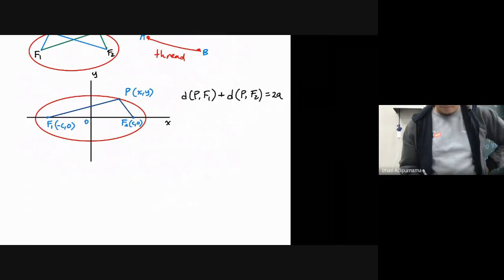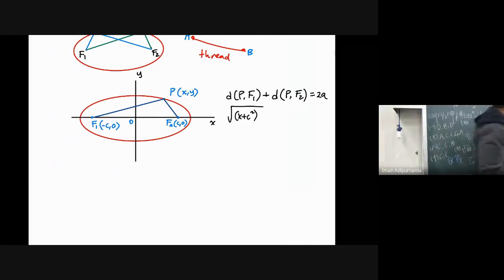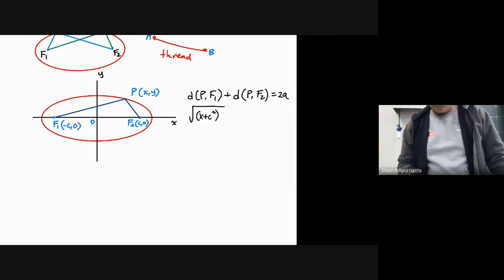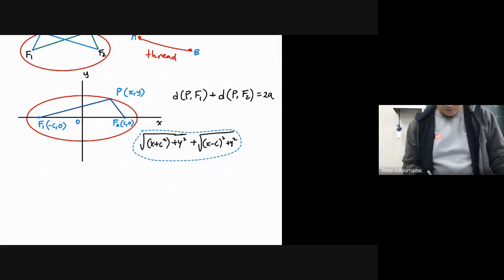And based on the distance formula, we get the square root of x plus c squared, plus y squared, right?